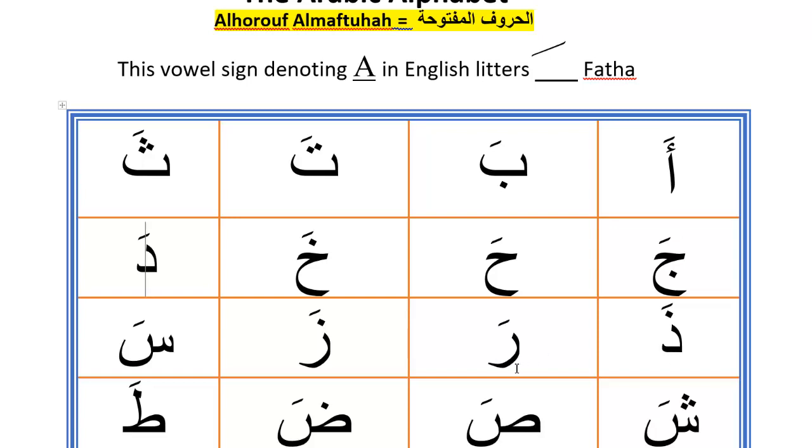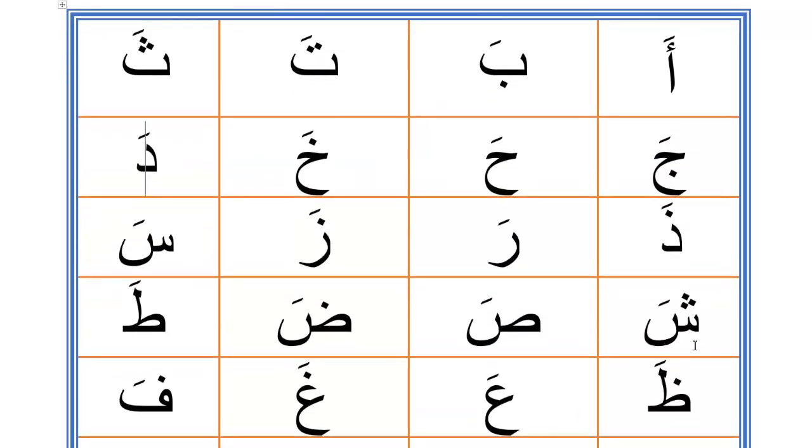را فتحة را. زاي فتحة زا. سين فتحة سا. شين فتحة شا. صاد صا. ضاد ضا.